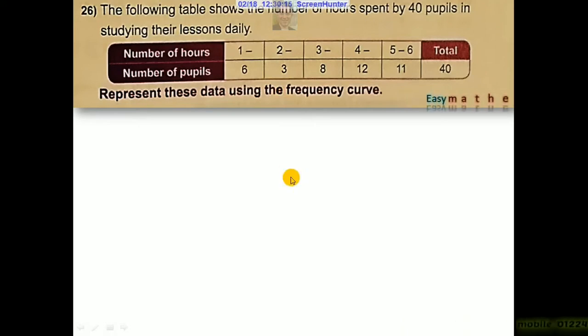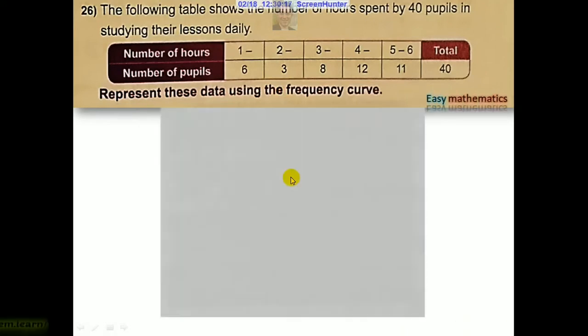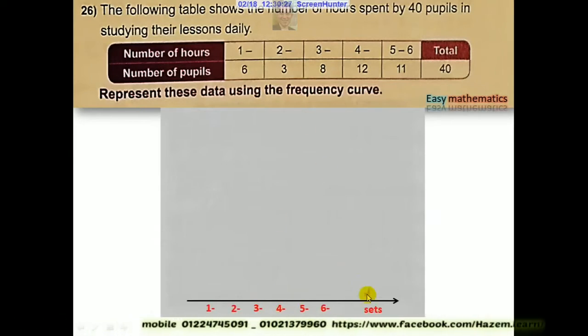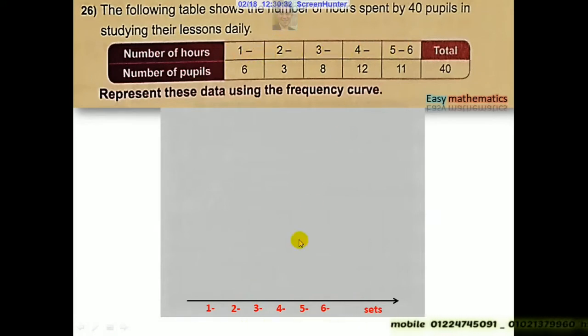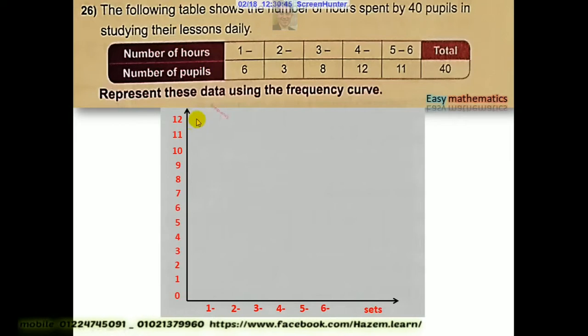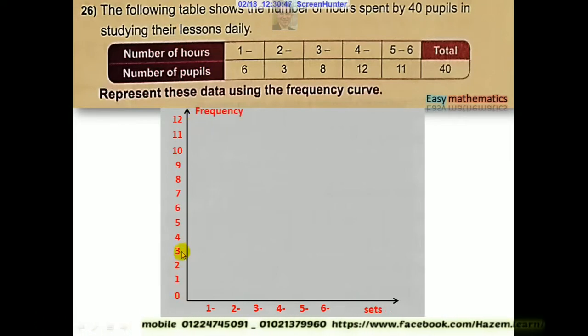First, when we want to draw this table, we must draw the first axis like that, and write 1, 2, 3, 4, 5. And the second axis, which is called frequency, we write this way 0, 1, 2, 3, 4, 5, 6, like that.